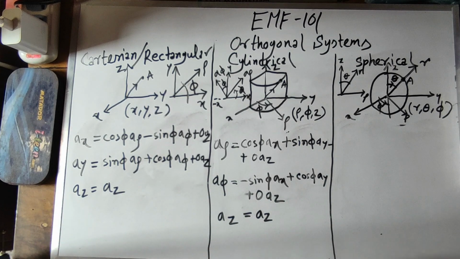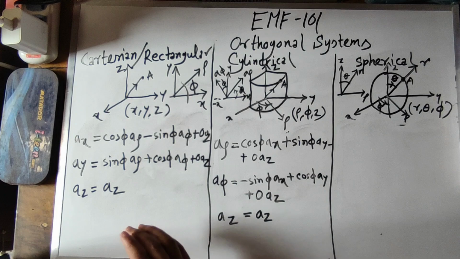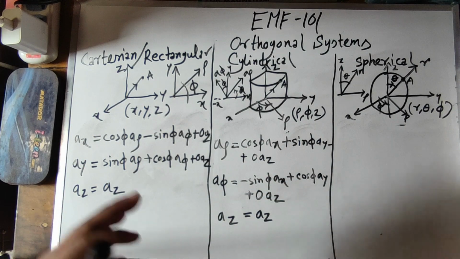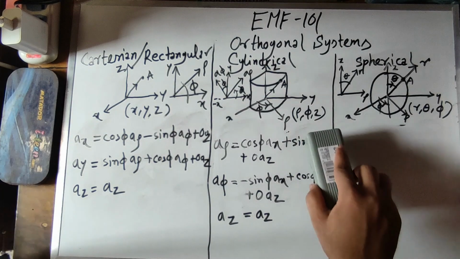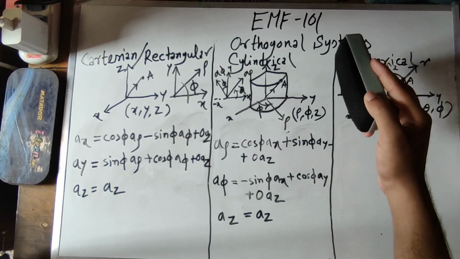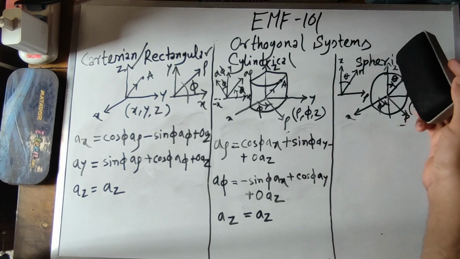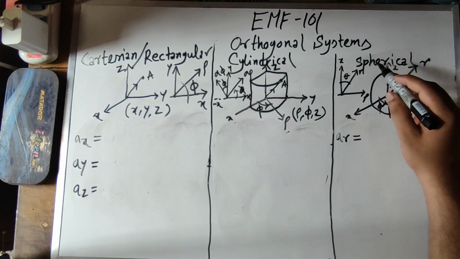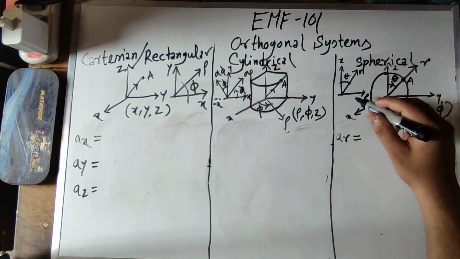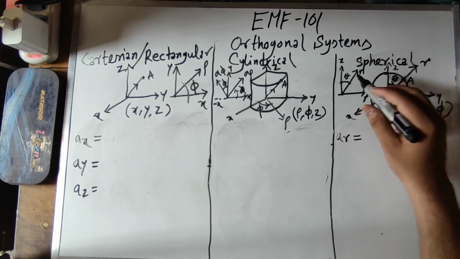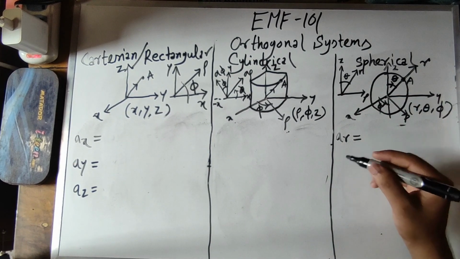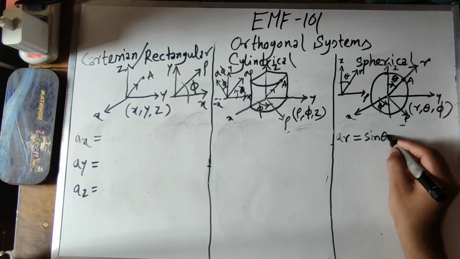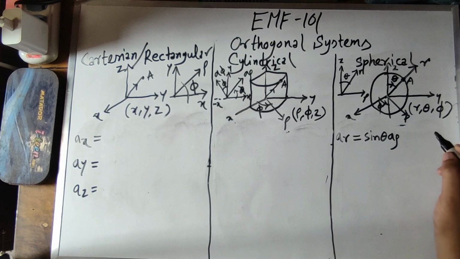And later we will represent the full vector in terms of xyz with the corresponding components in the respective coordinate systems. Now we want to transform cylindrical to spherical or spherical to cylindrical. How are we gonna do that? Okay, so ar has the component sine theta in the direction of rho, so plus sine theta a rho.